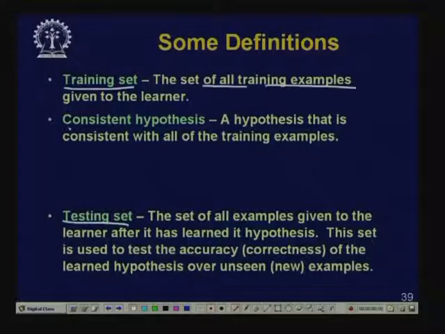Now, a consistent hypothesis. The learner, on looking at the training set, will find a hypothesis. The hypothesis that the learner has found will be said to be consistent if it is consistent with all the training examples. That is, the hypothesis must predict the correct label of all the training examples.